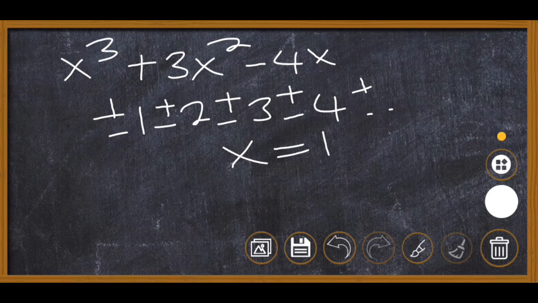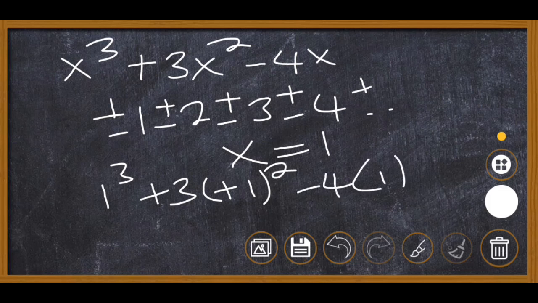Okay, so let's say in the given expression we assume that the value of x is positive 1. Let's replace that. In the given expression we replace wherever there is x with positive 1. We are just trying. So we have 1 raised to power 3, which is simply 1, plus 3 times 1 squared, which is 3, minus 4.